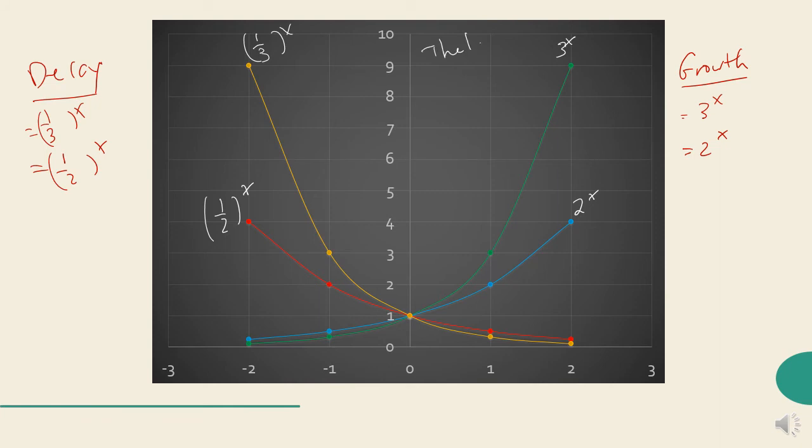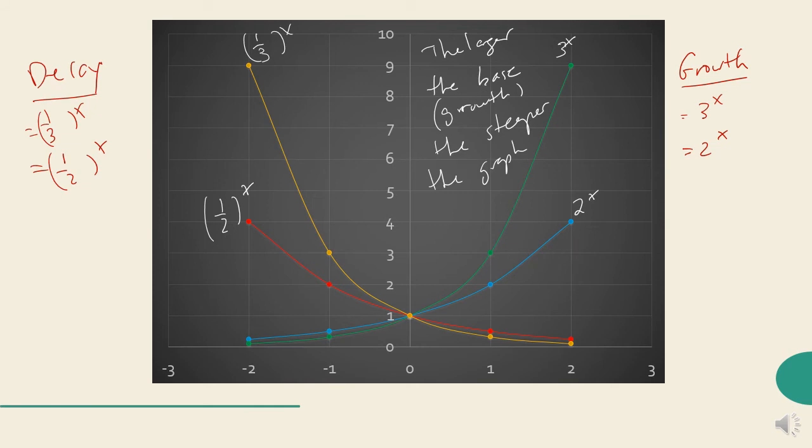The larger the base for growth, the steeper the graph. Or in other words, the quicker it grows, the bigger that gap gets, the faster it explodes into very, very large numbers.